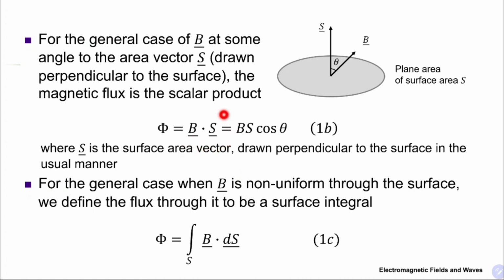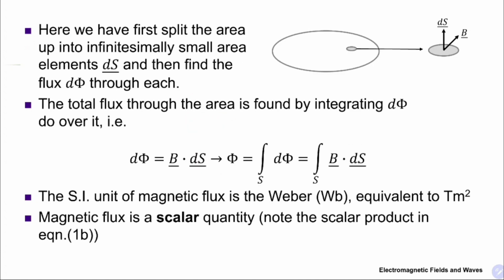For uniform, it's simply multiplied by the surface area. For non-uniform, you have to divide up the area into infinitesimally small areas called dS, then B dot dS, and then integrate it over the whole area.